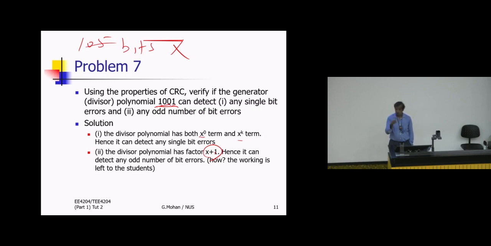Sometimes you don't get it if you do it in the polynomial, but if you properly use plus and minus, then you will get it. So it's better to carry out the division in binary. How do you represent x plus 1 in binary? It is 1, 1, right? So you can carry out the division and verify yourself. I leave it to you.